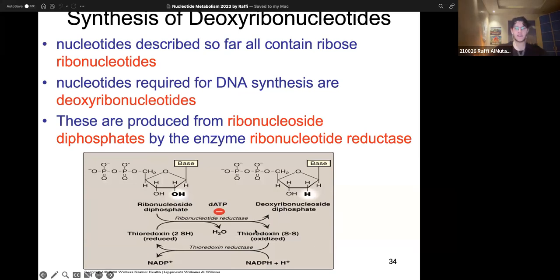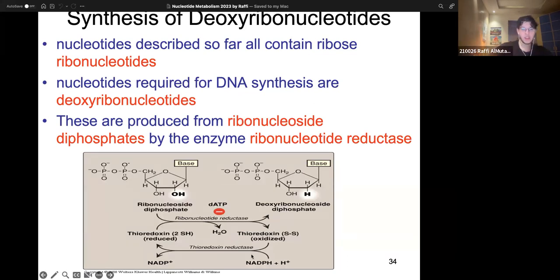From the word reductase, I know that something is being reduced, for example from oxy to deoxy. In this case, it is from ribo to deoxy, because when you reduce something, you remove the oxygen from it. That's what's happening in this reaction. It's just food for thought. You don't need to know this in that much detail, but it might help you. If you see an enzyme and you think you might be able to understand what it means, try to do that. It could save you a lot of time.